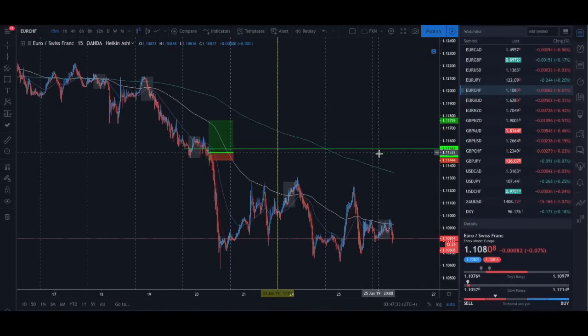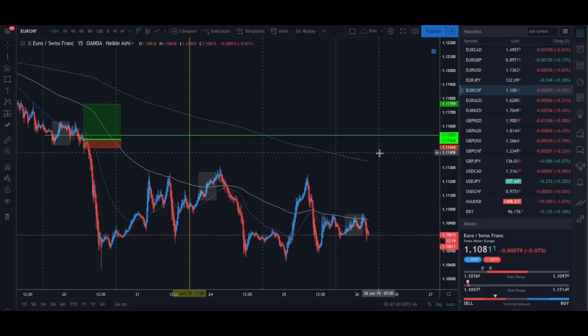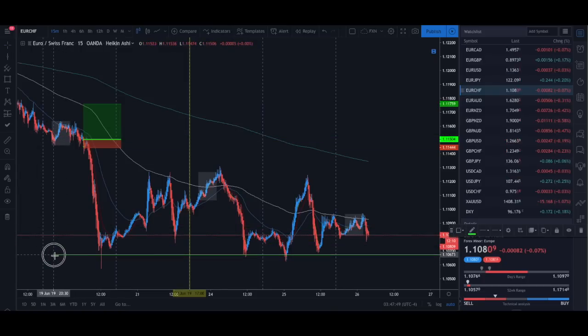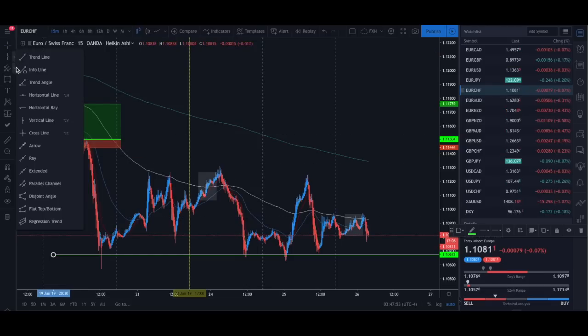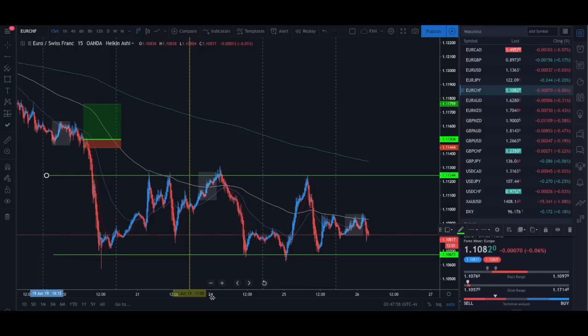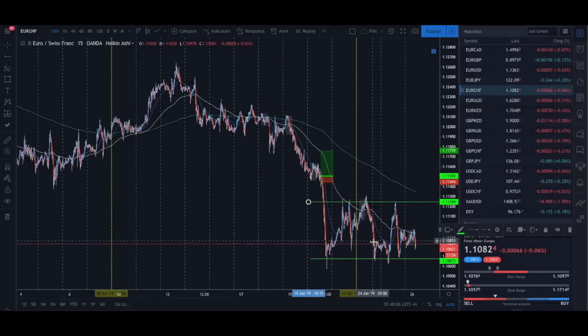Euro Swiss seems to be like the stepchild of everything because it's doing something completely on its own. You're looking at lows down here, and essentially a channel moving back and forth there, off of a downtrend.